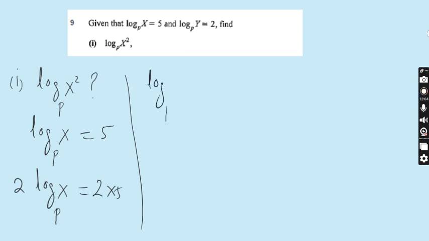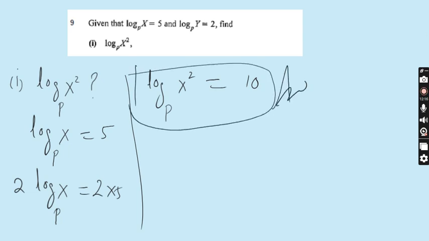Log p x, the 2 must become the power of x, that is x square. 2 5s are 10. Hence our requirement has fulfilled. Log p x square is equals to 10. Next part.